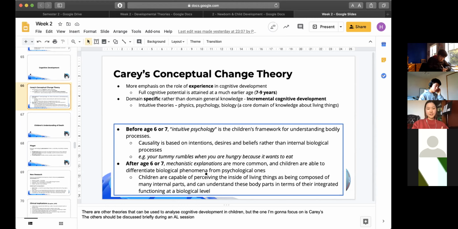However, after age 6 or 7, mechanistic explanations are more common, and children are able to start to differentiate biological phenomena from psychological ones. They're able to perceive the inside of living things as being composed of internal parts, and start understanding internal biological processes.